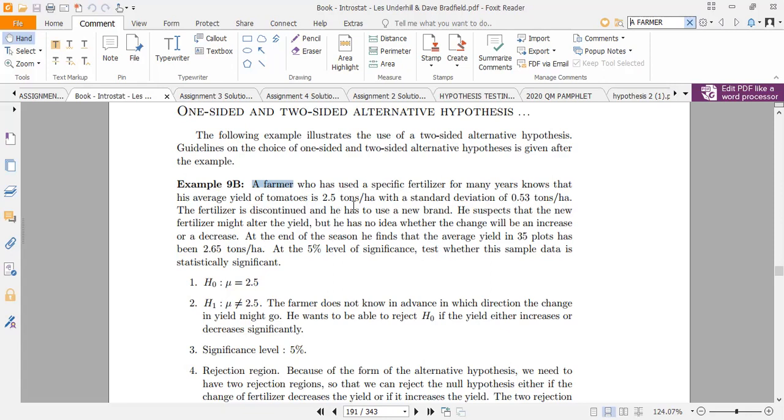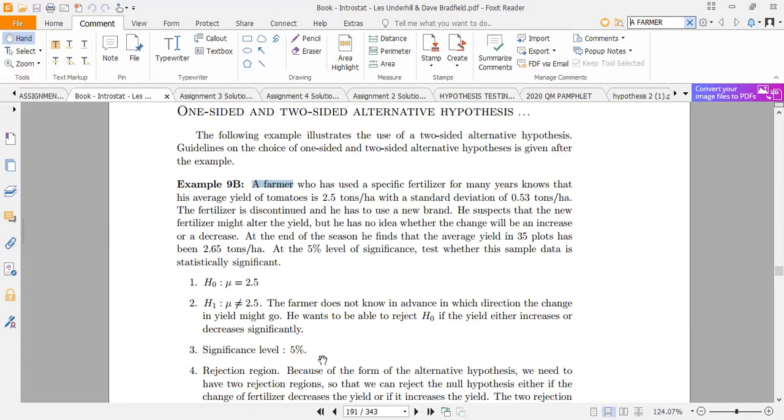Now we're told that this guy does not know whether it will be an increase or a decrease. So since he does not know in advance which direction to use, we are going to assume that this is a two-tailed test. But if he knew that it would be an increase, we would use greater than here, meaning this would be a single-tailed test. And at 5%, we have 1.645, but this is a double-tailed test.